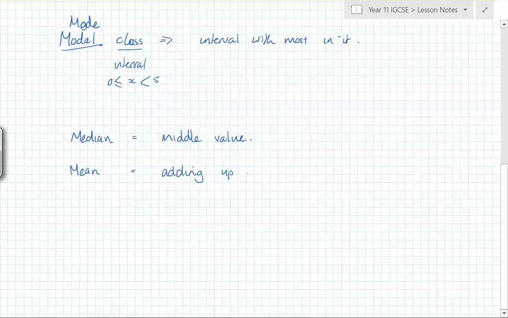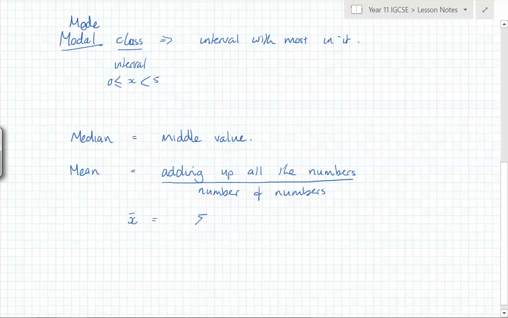But the mean is add up all the numbers. Okay. And then you divide by the number of numbers. Now this would be written like, new notation for you, x bar is the mean of whatever values, that's what it means, the mean of the x values.